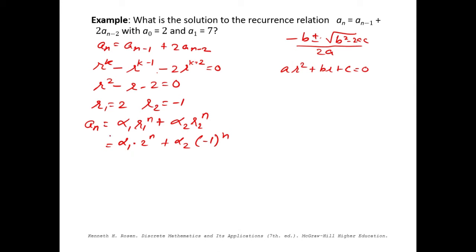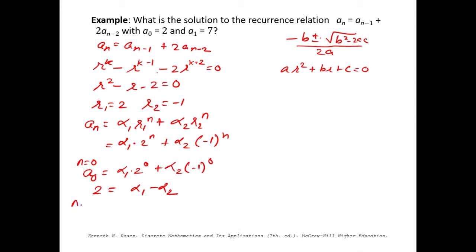Now, using the initial conditions a0 and a1, at n equal to 0, the above equation becomes a0 equal to alpha 1 2 raised to 0 plus alpha 2 minus 1 raised to 0. A0 is equal to 2. So 2 is equal to alpha 1 minus alpha 2.